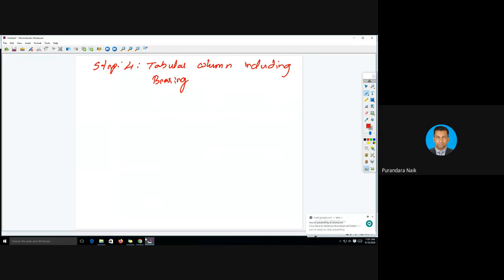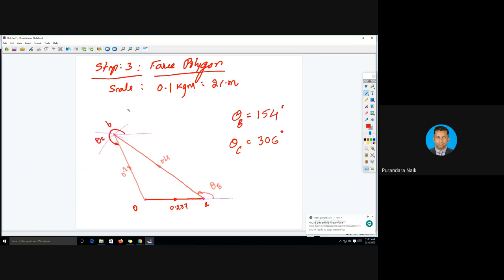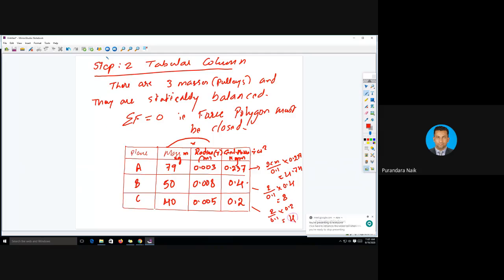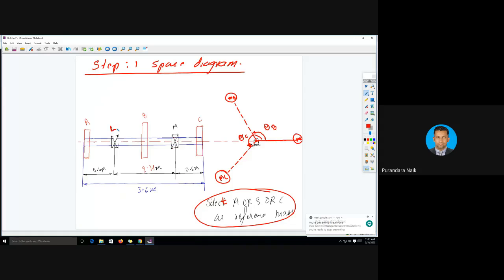Okay, so this is the tabular column including bearing. Now I'm going to consider the bearing also. Here we have considered bearings as L and M in the figure.